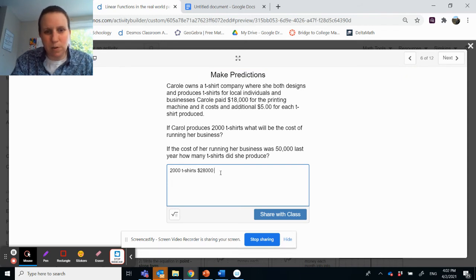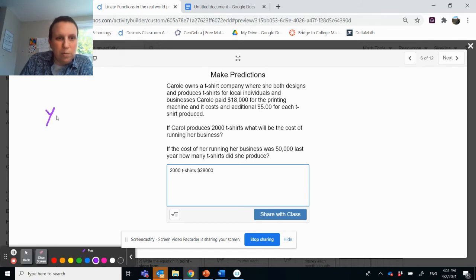Now, some folks have told me they don't like graphs. So if I wanted to solve this with an equation, here's what I would do. I'd take my equation that I developed on the previous page. I know my x is 2,000, so I'm just going to substitute 2,000 in for x.